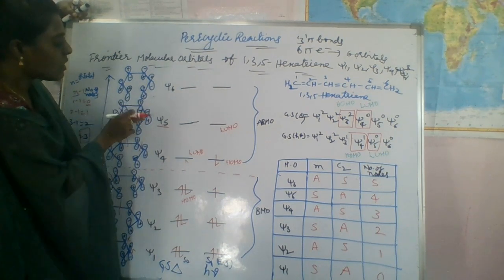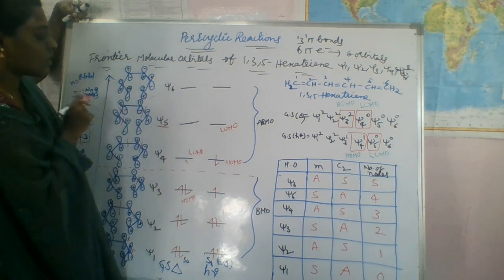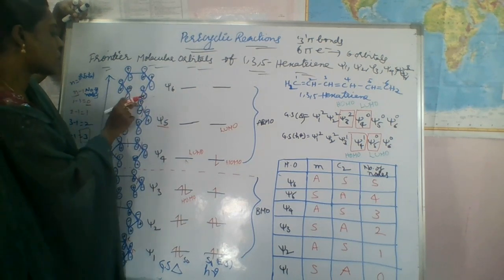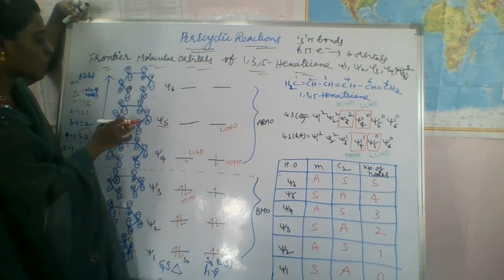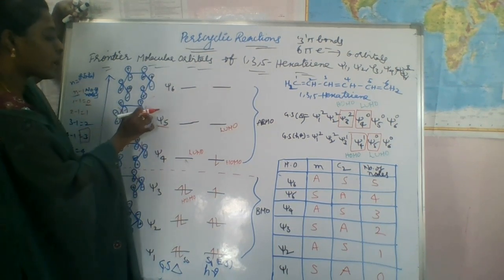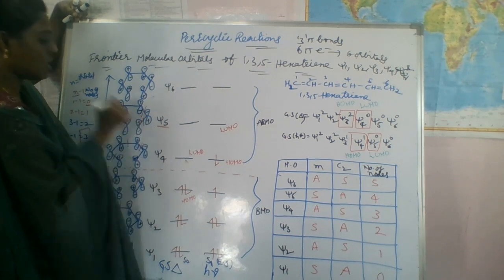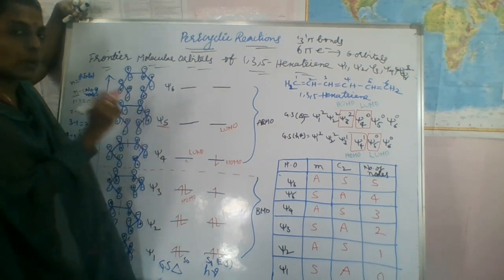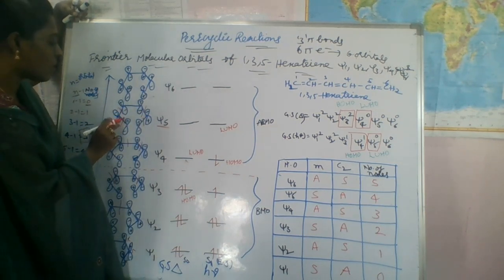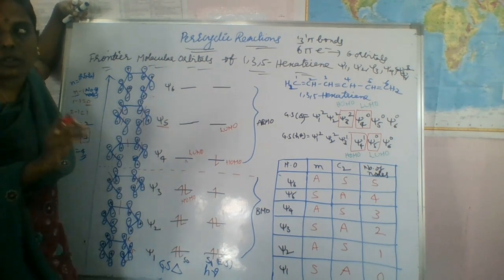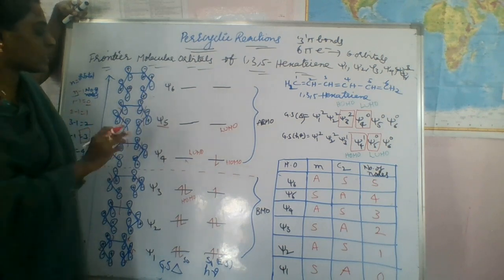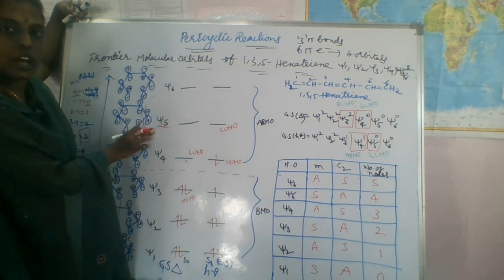Here plus and minus is there, this is another one. Here same signs are present between these, so there is no node. If you compare this one, plus and minus is there, so this also has 1 node. Totally how many nodes are there? 1, 2, 3 and 4. Totally 4 nodes are present in the psi 5 orbital.